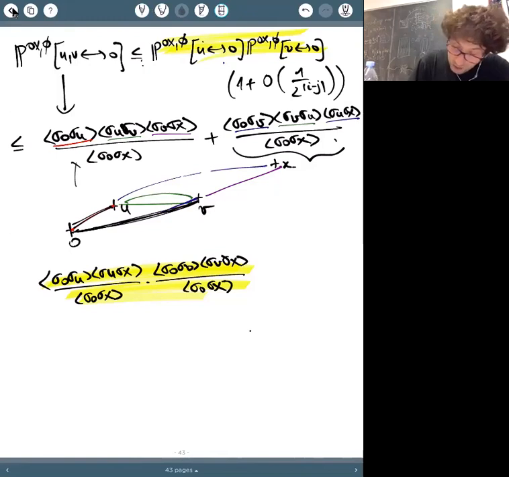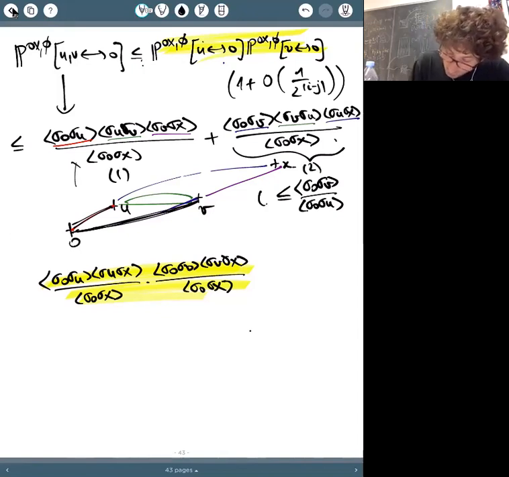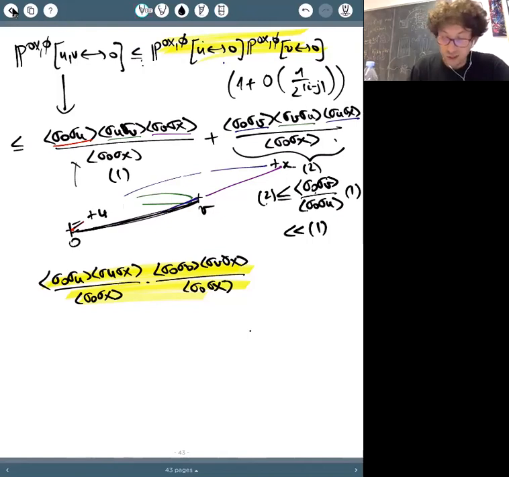In fact, if you think about it, it's smaller than sigma 0 sigma v over sigma 0 sigma u times the first term. So this is much, much smaller than 1. Did you understand why? You have u much closer than v.